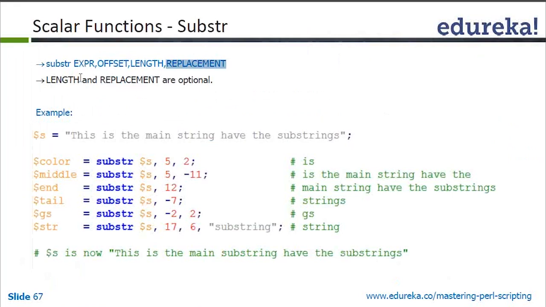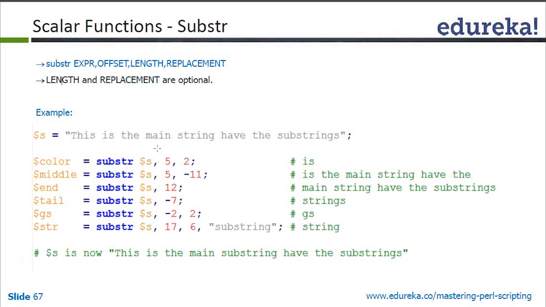What it does is, if you want to take a subset from some string, you say how much you want to get. So you want to get from the 5th to 7th location, what is the value? You can get the expression from that location. But if you put the replacement and length, it will replace that string with some value.